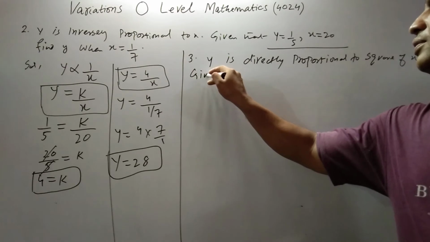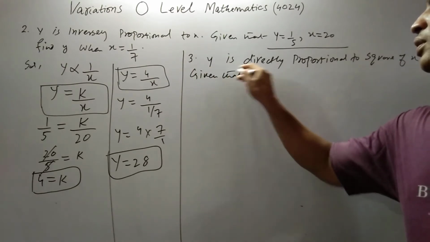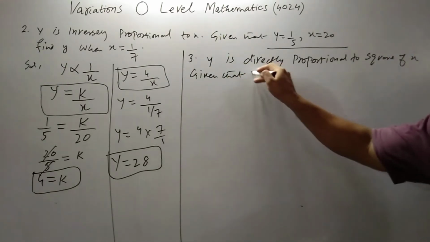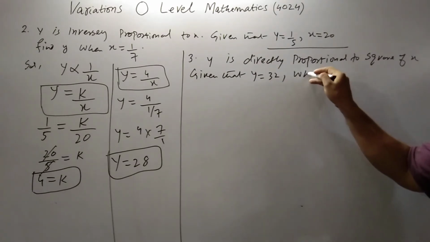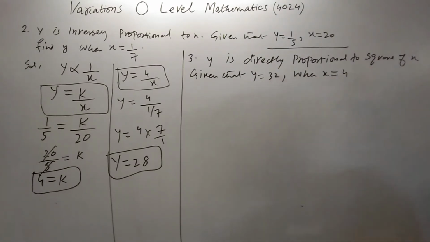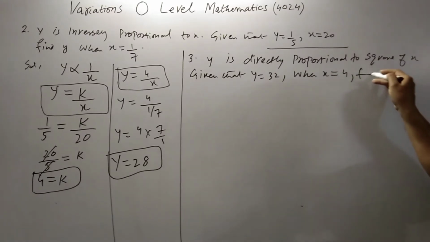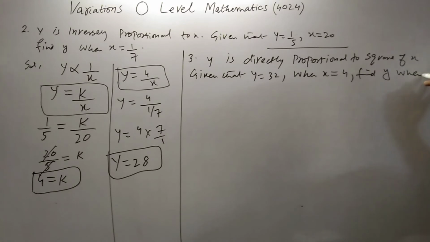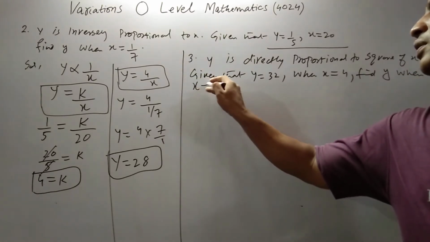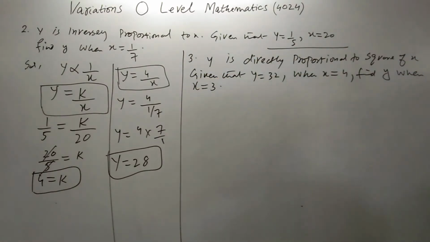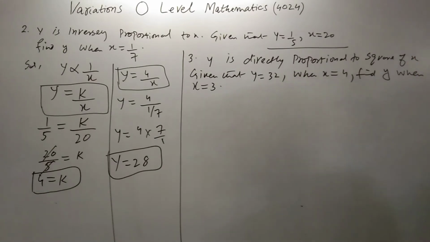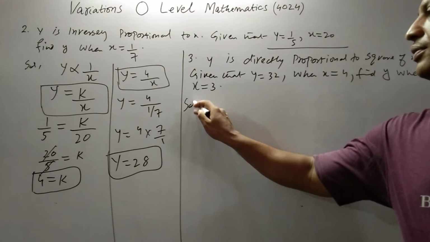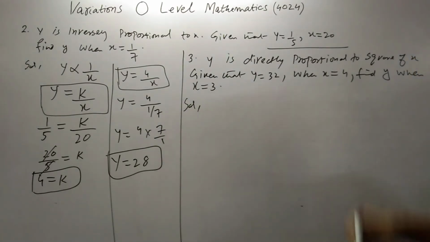Given that y is 32 when x is equal to 4, find y when x is equal to 3. Very easy question.